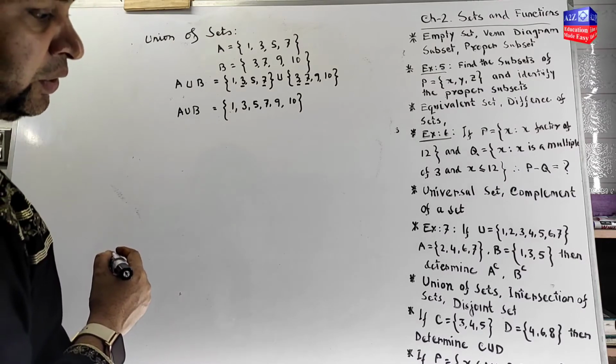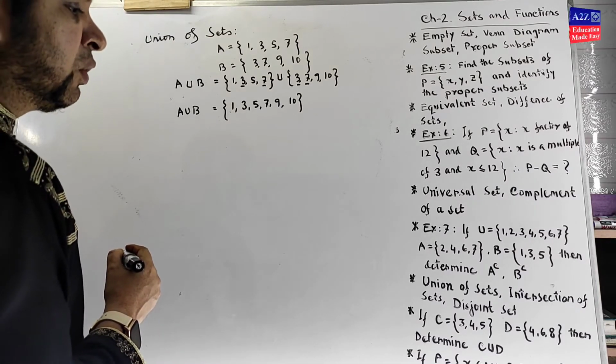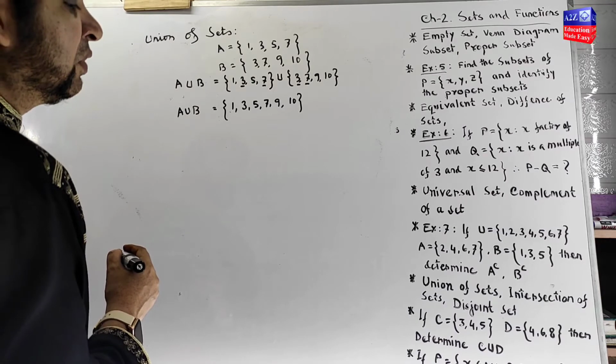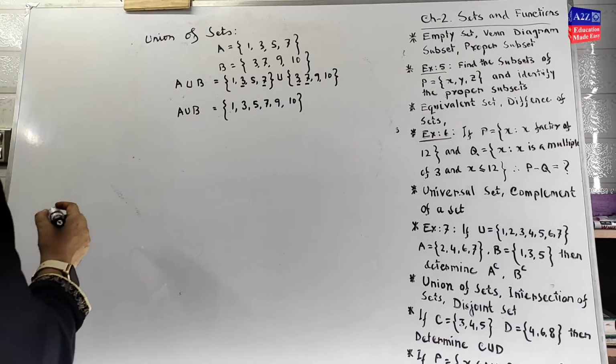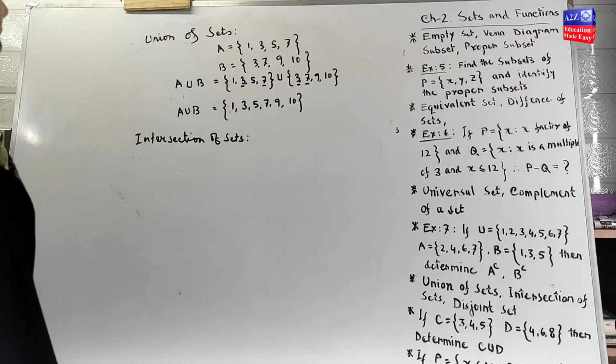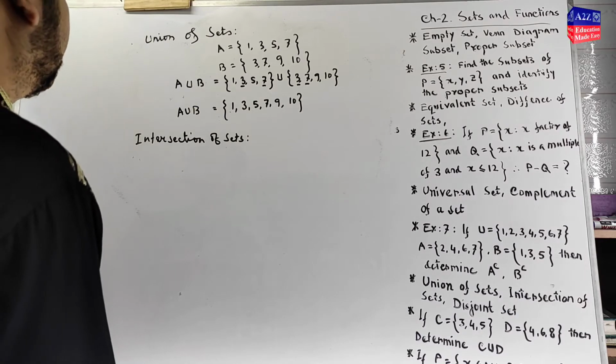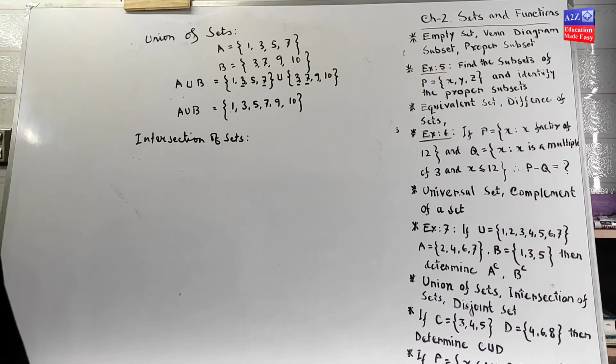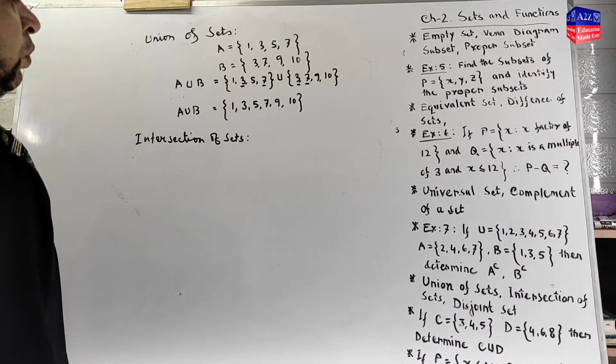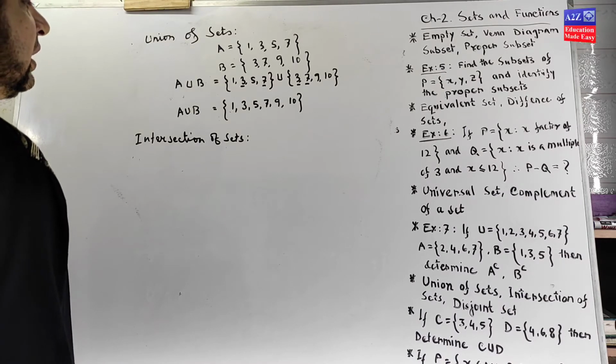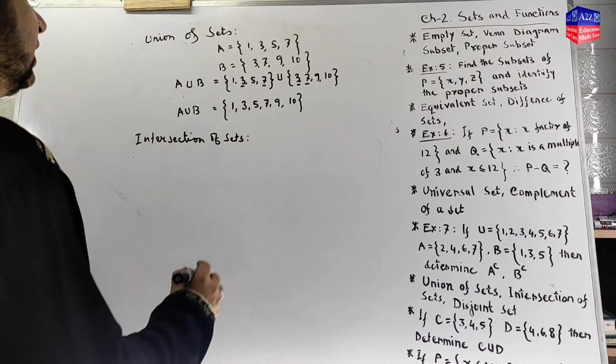Now, find the intersection of sets. Intersection of sets is exactly the opposite of the union of sets. If I would like to define the intersection of sets, then it is when I take just the common items from two or more sets; that will be known as the intersection of sets.